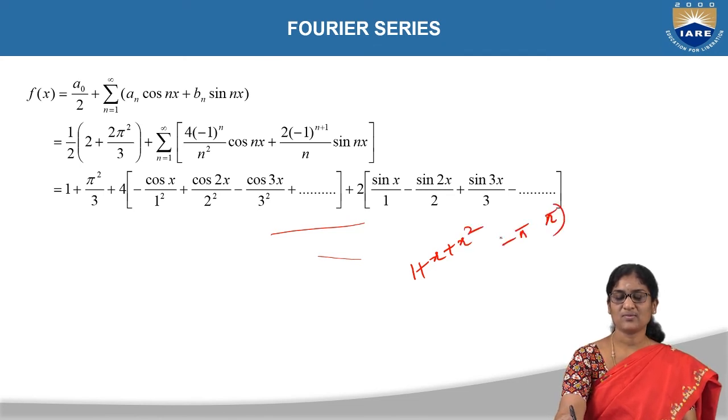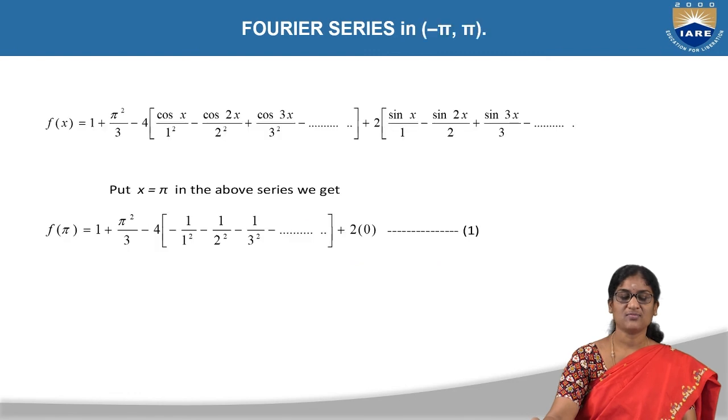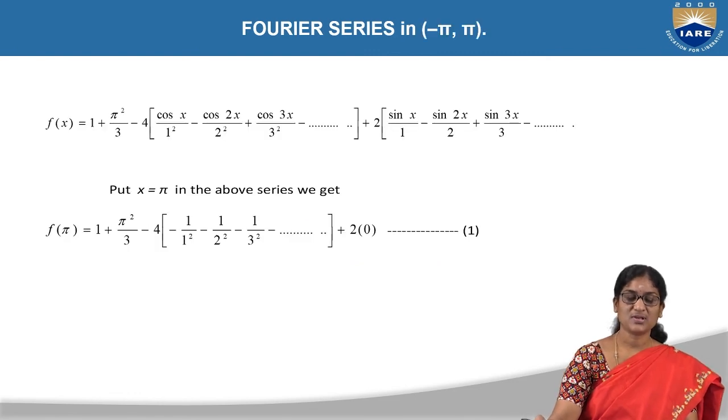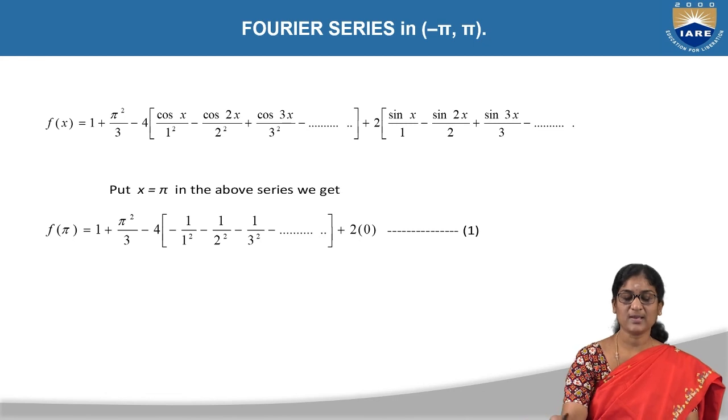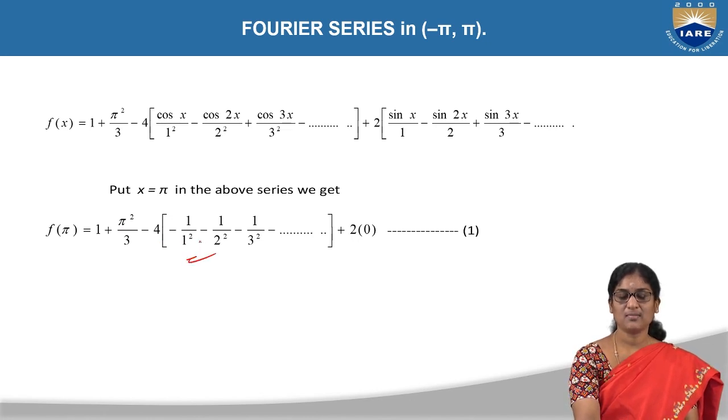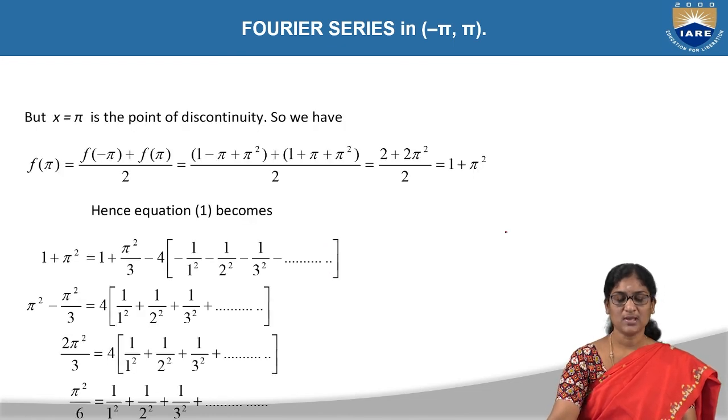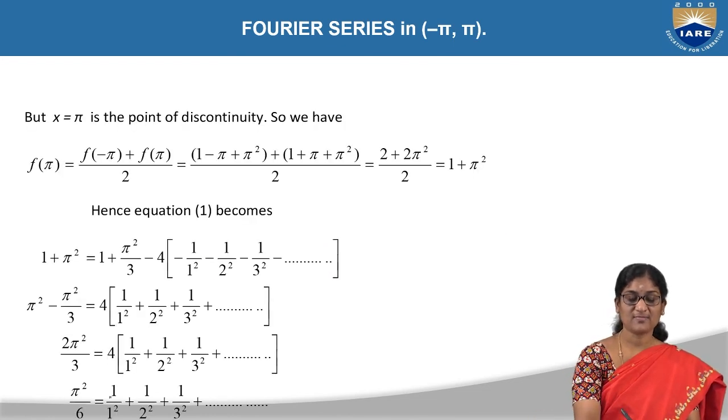So this is how we will do the expansion of any function in the given interval by using Fourier coefficients. Here also we can estimate it. If you put x is equal to pi, the result that you are going to get, f of pi is equal to 1 plus pi square by 3 plus minus 4 into minus 1 by 1 square minus 1 by 2 square, and so on, up to plus 2 into 0, because we need to do the deduction also.